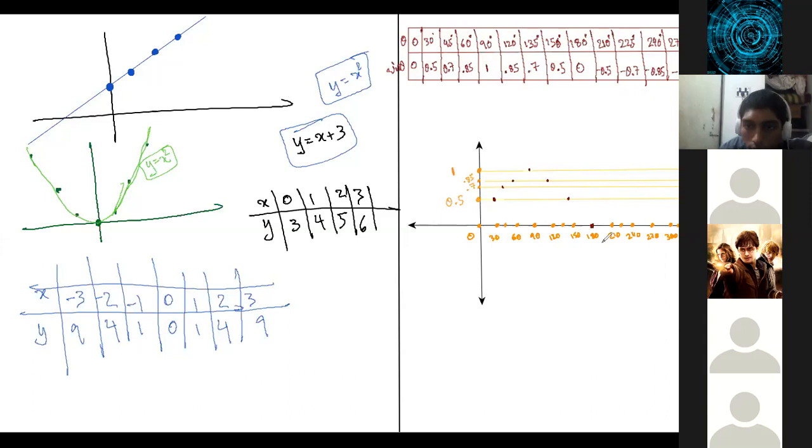And then we have to plot the other side also. Let us do minus 0.5 and this is minus 1, trying to keep it as realistic as possible.